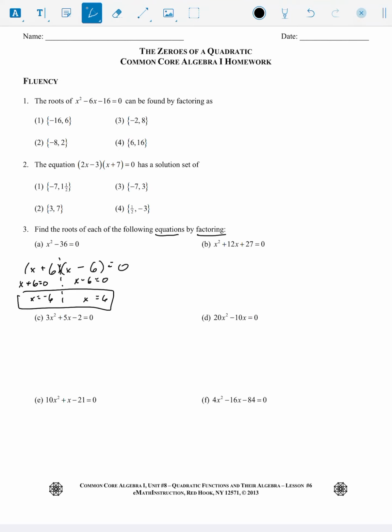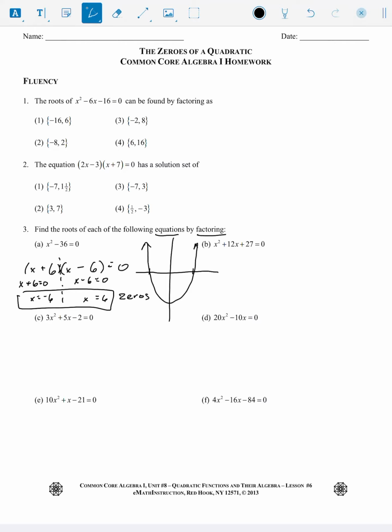All right, now those happen to be our zeros, or our factors, and it'll tell us that it crosses the x-axis at negative 6 and 6, and it opens upward.